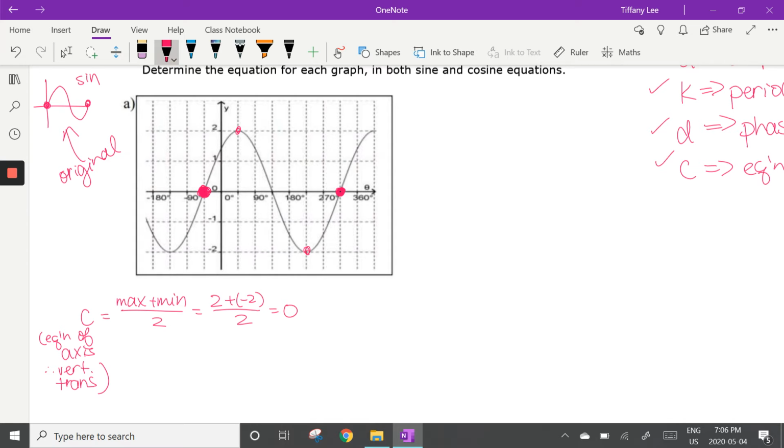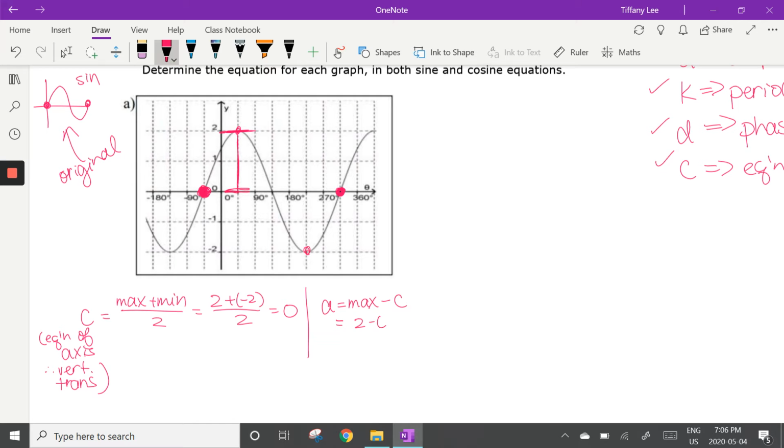We can solve for a, our amplitude. Amplitude is the vertical distance from your maximum to your equation of the axis. If you want to calculate it, it's max minus your equation of the axis.